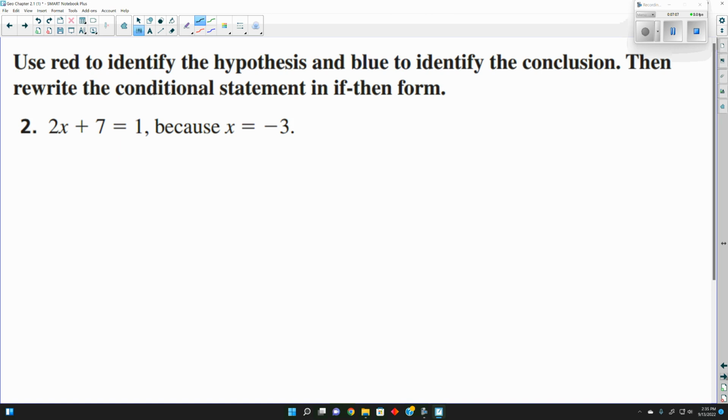2x plus 7 equals 1 because x is equal to negative 3. So our hypothesis is 2x plus 7.